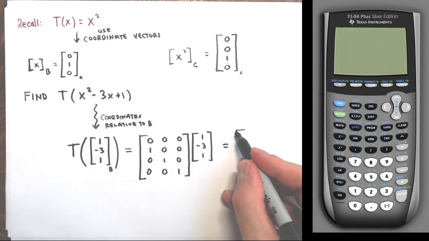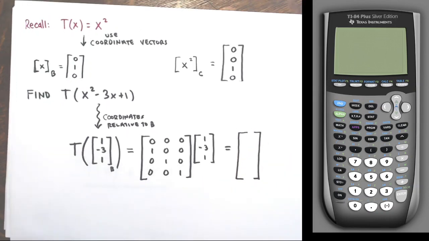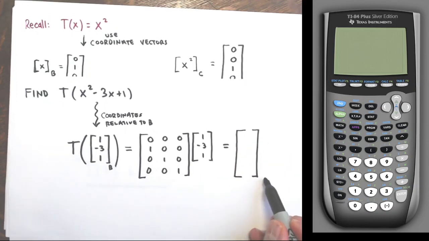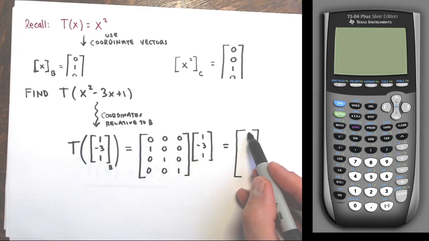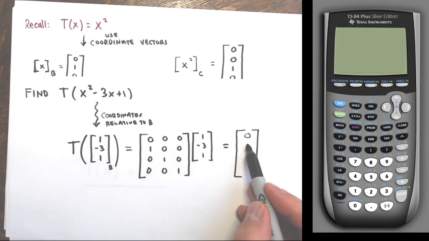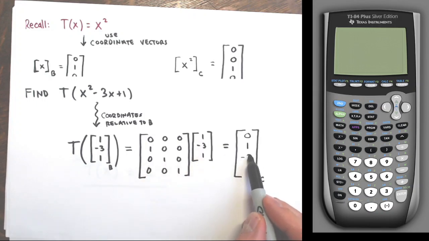And I'll get an output that's a 4 by 1. It's a 4 by 3 times a 3 by 1 again, and the output should be coordinates with respect to C. Now if I multiply these, I get 0 for the first row, then 1, then -3 for the third row, and then 1 for the fourth row. And there we go.